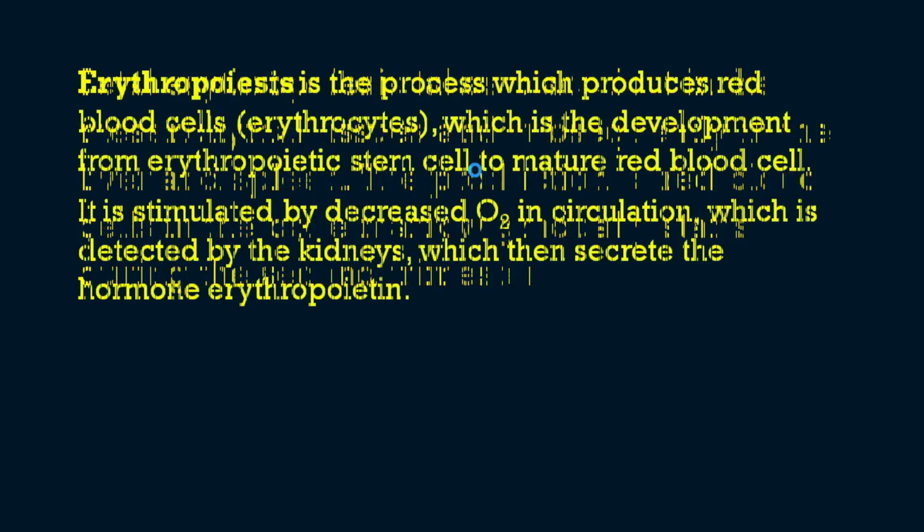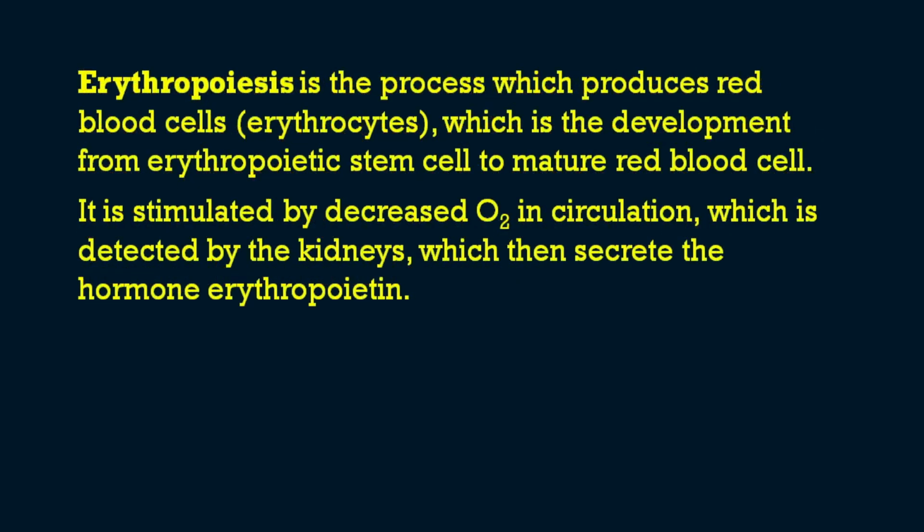Okay, so what is erythropoiesis? It is a process which produces the red blood cells, that is the erythrocytes, which is the development from erythropoietic stem cells to mature red blood cells. It is stimulated by decreased oxygen in the circulation, another important question that can be asked in the examinations.